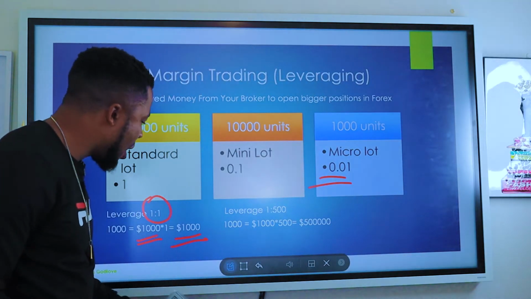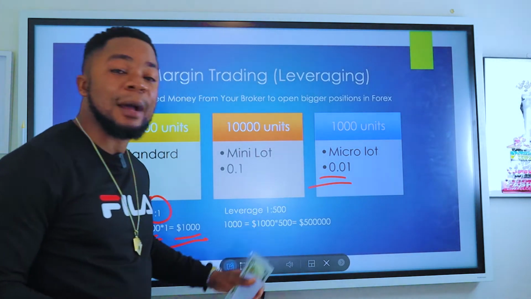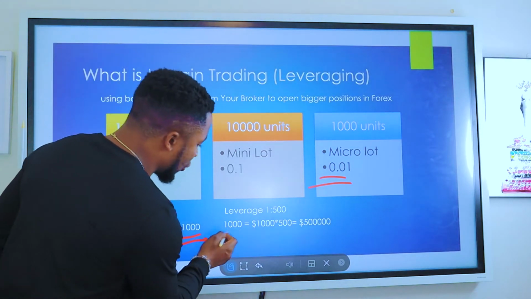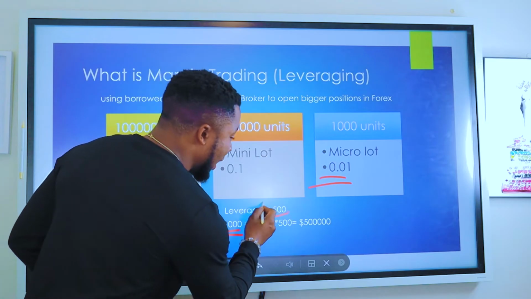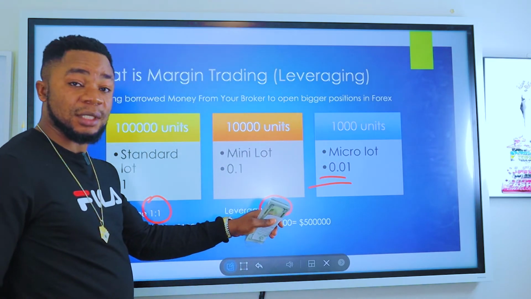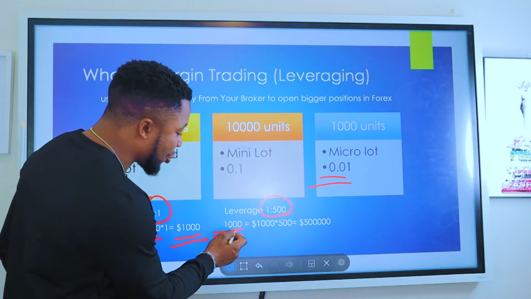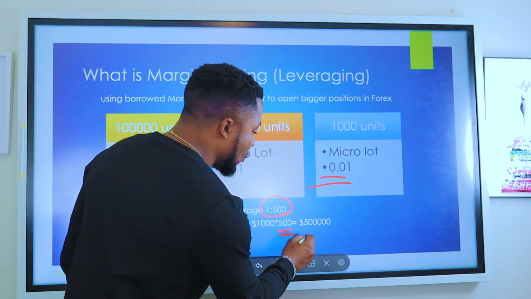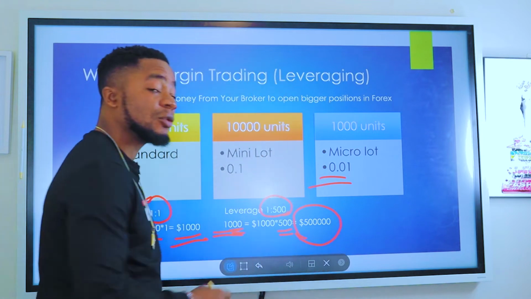But now let's assume your broker, as most brokers will, gives you a leverage of 1:500. So you have a $1,000 account and your broker gives you a leverage of 1:500. They multiply what you have in your account times 500, so you'll be trading as if you have $500,000.